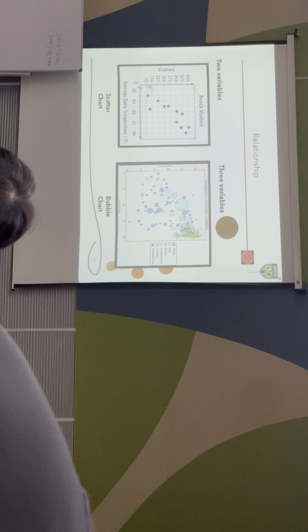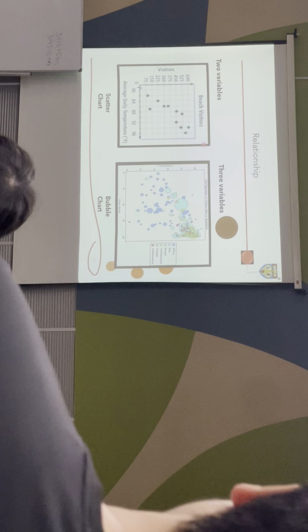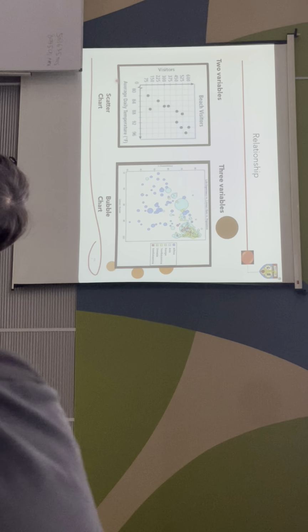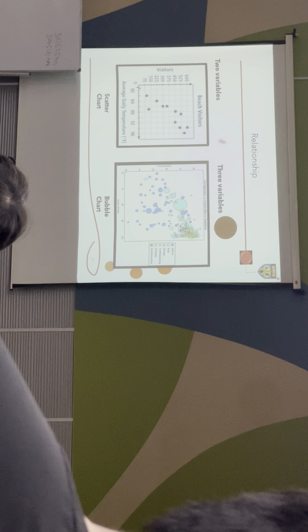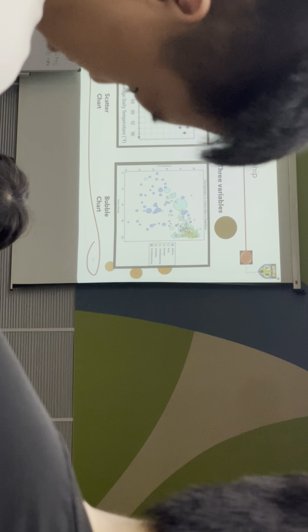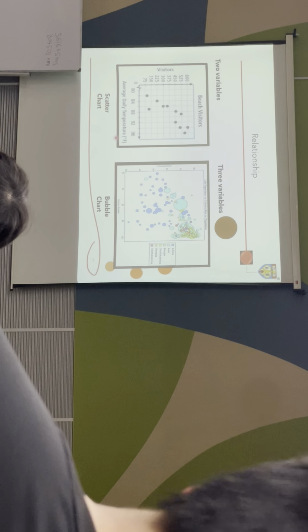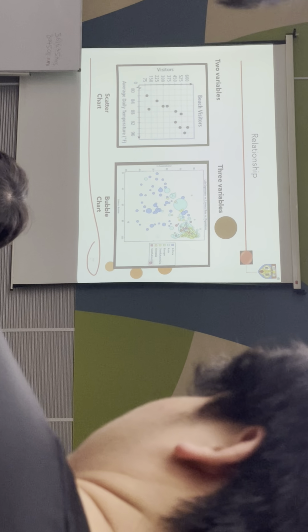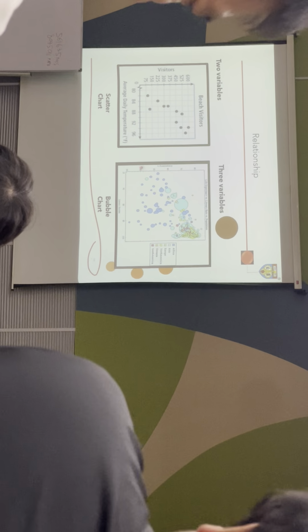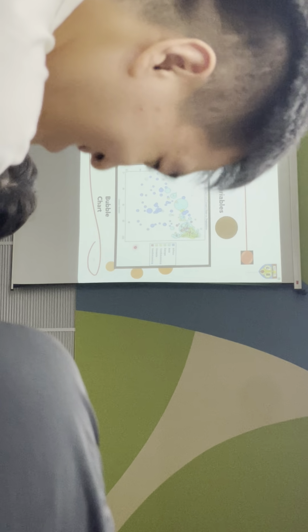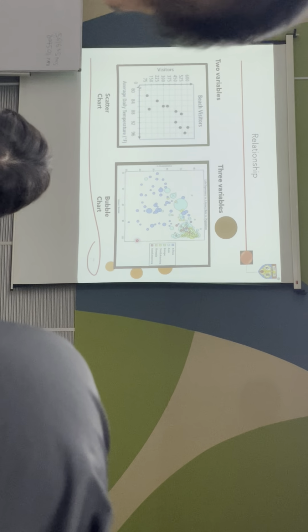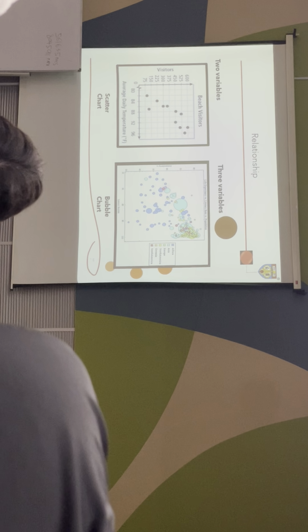So based on this scatter plot, you can observe the patterns, the trends, and also the correlation between 2 variables here.